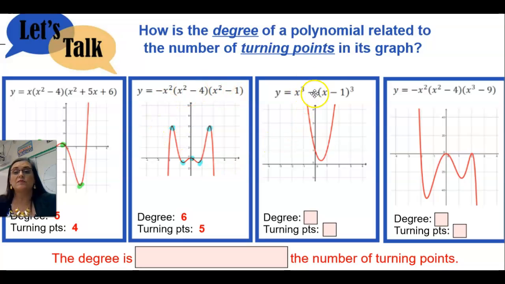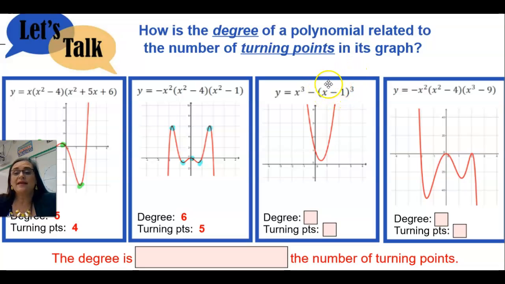Here, x cubed minus the quantity x minus 1 to the third power, that is not multiplied together. Those are being subtracted. So I would use the strategy from our previous page that we started with, where we're just going to do some mental math to reason through what is the degree of this polynomial.